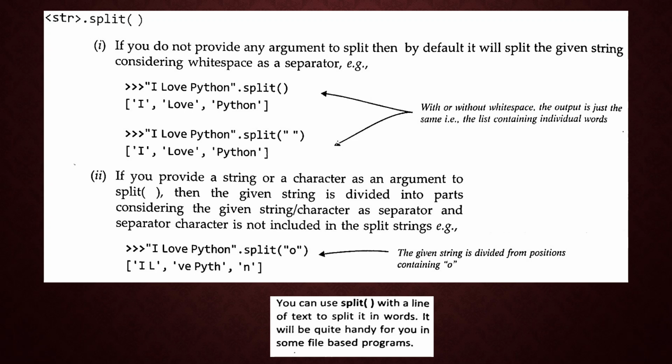In the previous example, whenever white space is given, it is automatically considered as the separator, but here O is given as separator, so it will display I space L, and VE space PYTH, again it will encounter O, and next it will display N. Okay, here O is considered as separator.